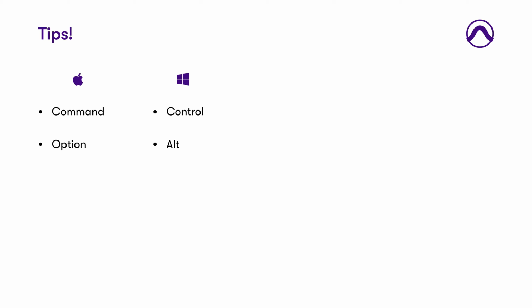So while I teach, if I say we have to Option click on something, on Windows, you will do Alt click instead. Similarly, the Control key on the Mac correlates to the Start key in Windows. The Return key on the Mac is the same as the Enter key in Windows. And the Delete key on a Mac is the Backspace key on your Windows keyboards.